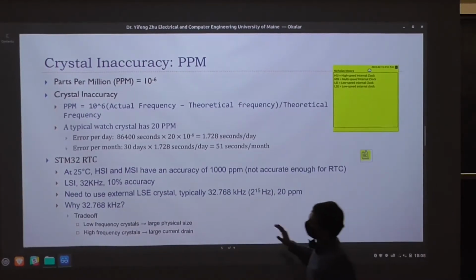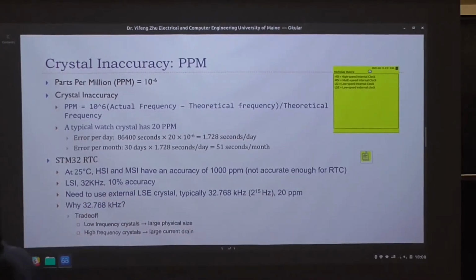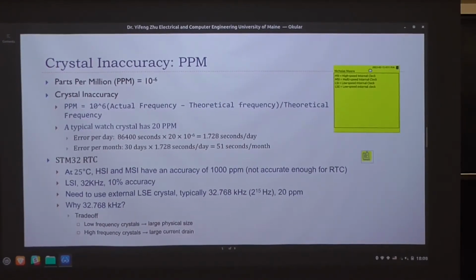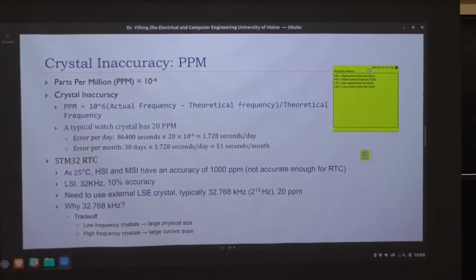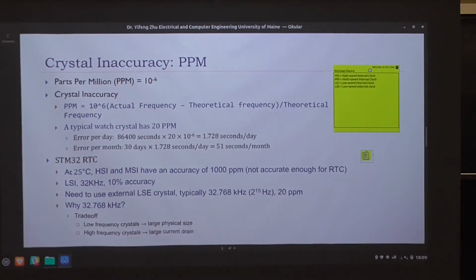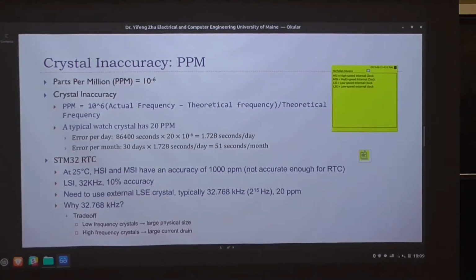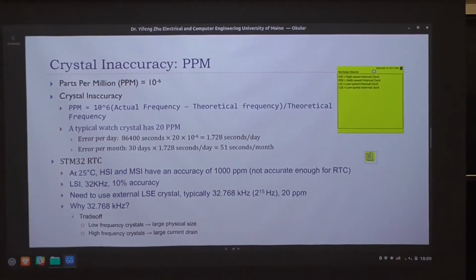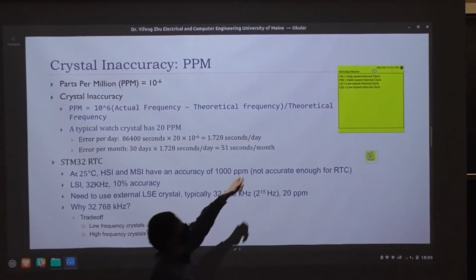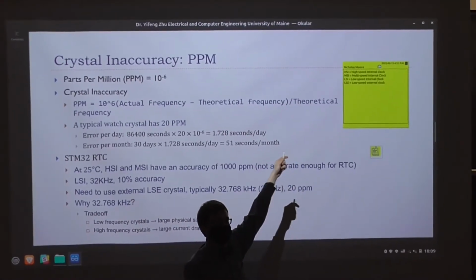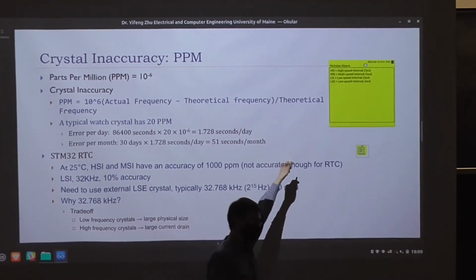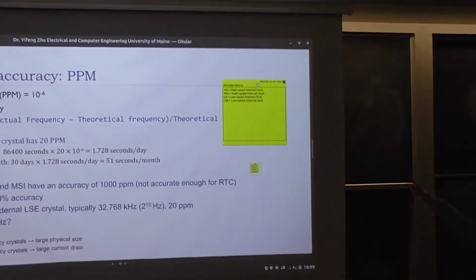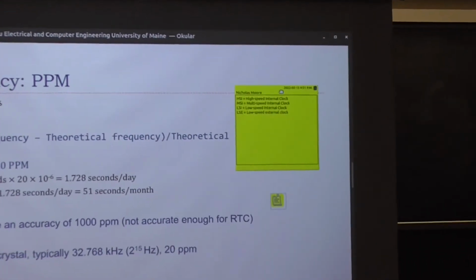So inside of the STM boards, you have four main clock signals. You've got HSI, MSI, LSI, and LSE. The H stands for high, the M stands for medium, the L stands for low, I stands for internal, and E stands for external.